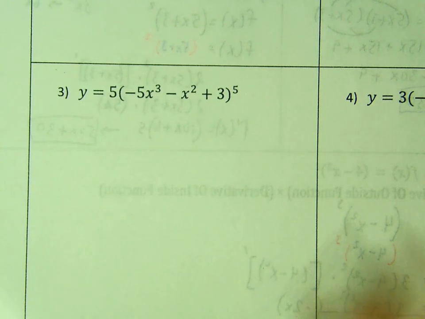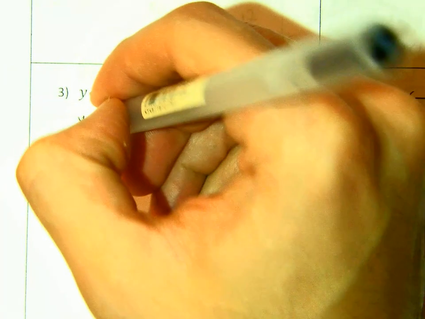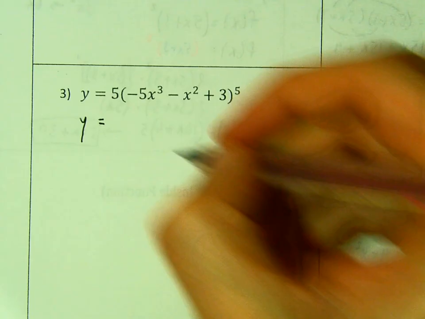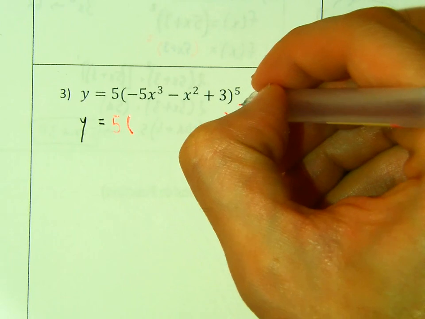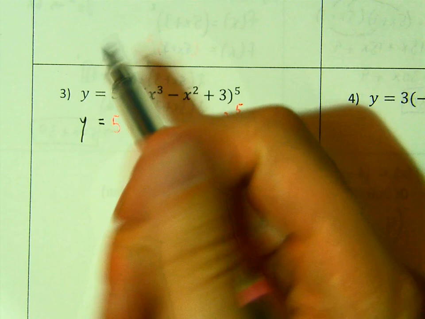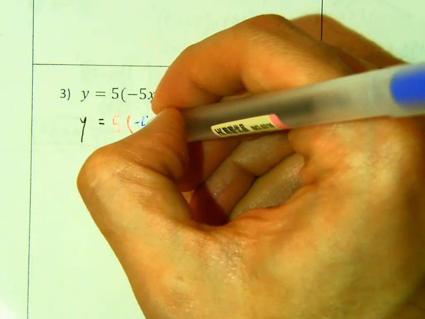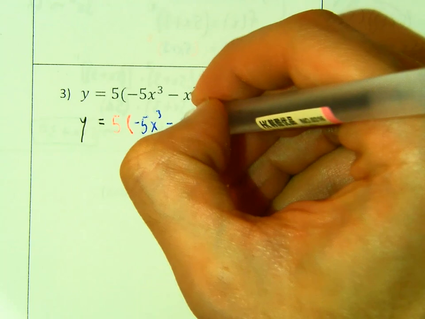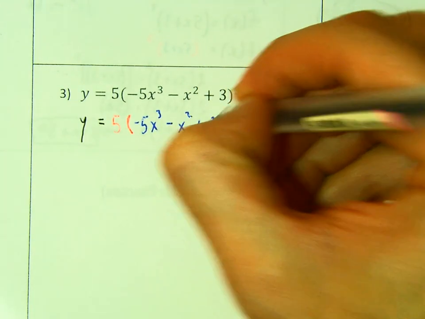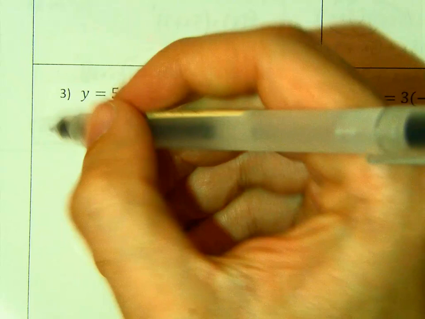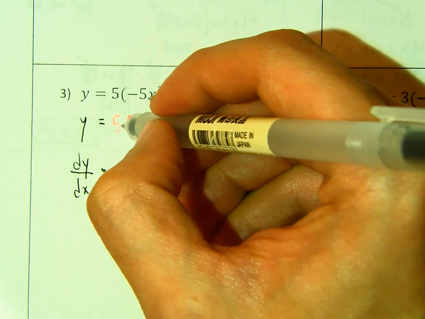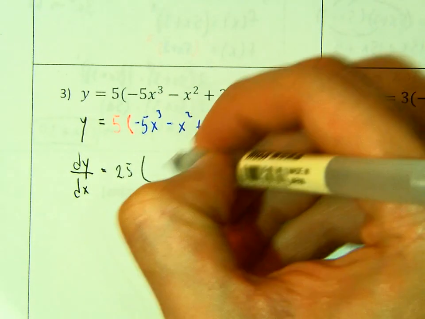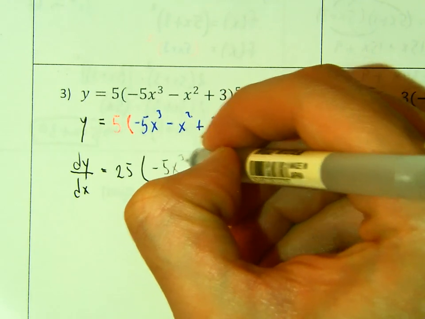Okay. How do we set it up? First, y equals, right? Okay, what's our outside? Our outside is 5 parentheses to the 5. Okay, what's our inside? Negative 5x cubed minus x squared plus 3. Okay, dy dx equals 5 times 5 is 25, parentheses negative 5x cubed.